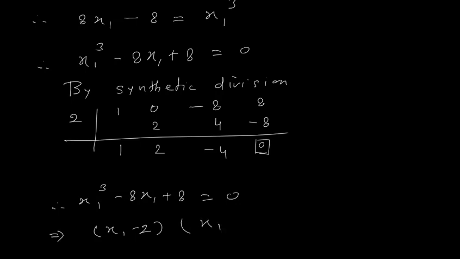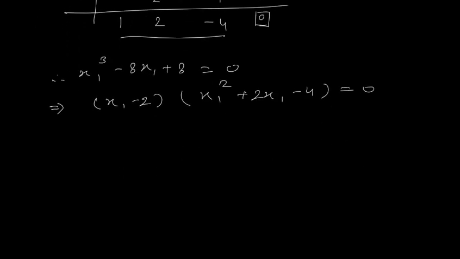Now this equation is x1 square plus 2x1 minus 4 equal to 0. Now if you check, we have to find two factors of minus 4 whose sum is plus 2. So is there any factor? No, there is no such factor. So what we will do? We will find the value of x1 in this factor by using formula method.